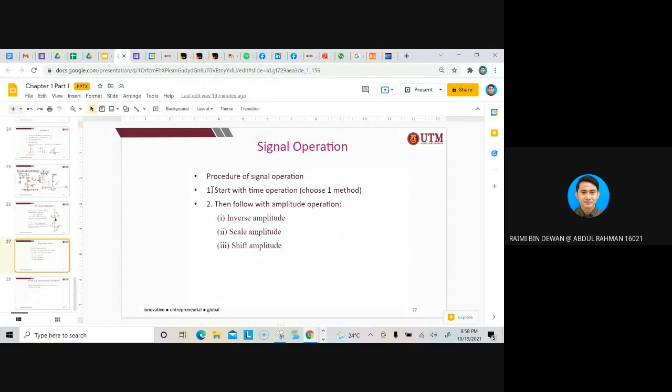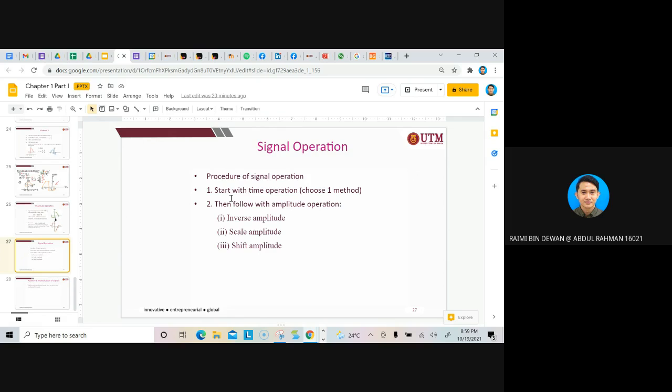You start first with time operation. You only choose one method, method 1, 2 or 3, but I taught you method 3. You can use method 1 or 2, it's up to you, but I don't want you to get mixed up and confused, so it's better to stick to only one method, which is method 3, which I taught you in class.